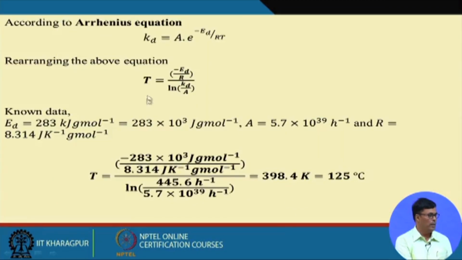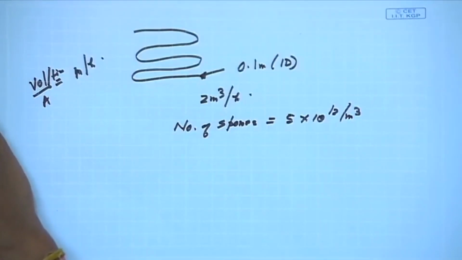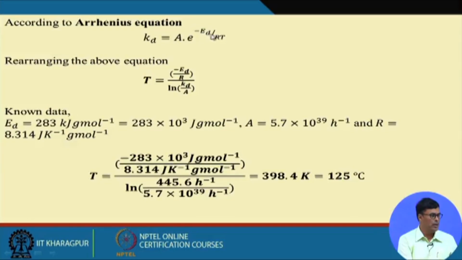Once you get that, the situation is a little bit simpler, because as per the Arrhenius equation, Kd equals A into e to the power minus Ea by RT, where Ea is the activation energy, the energy required for deactivation of the cell, sometimes written as Ed. So we can find the temperature required for the sterilization.